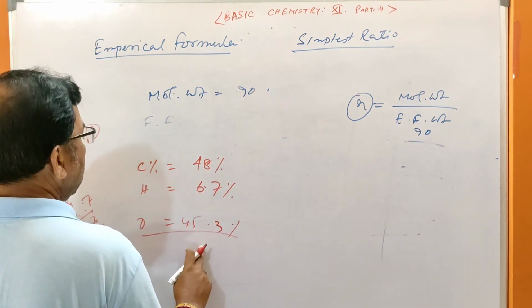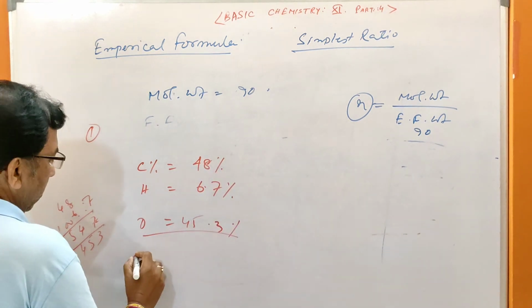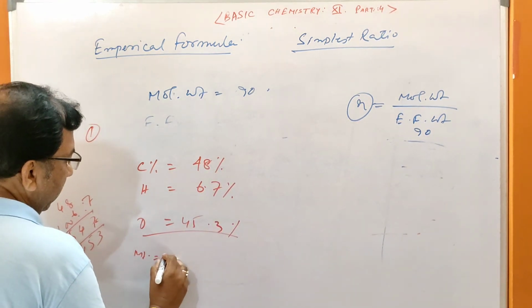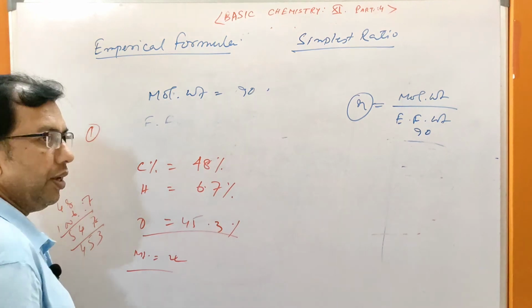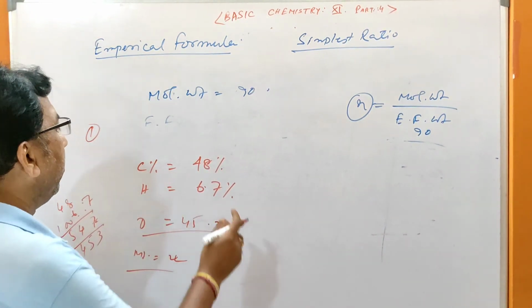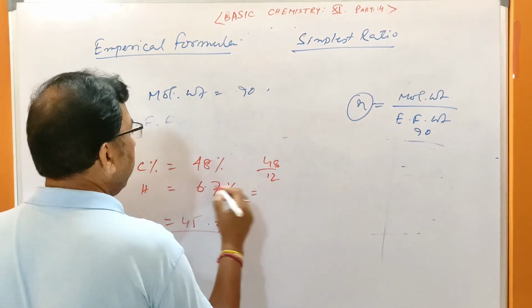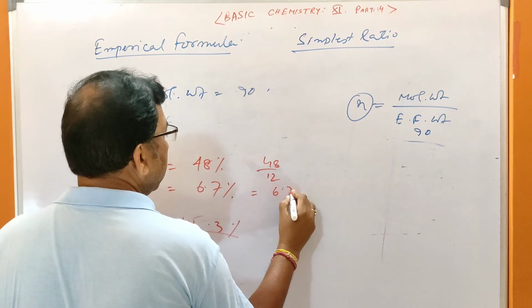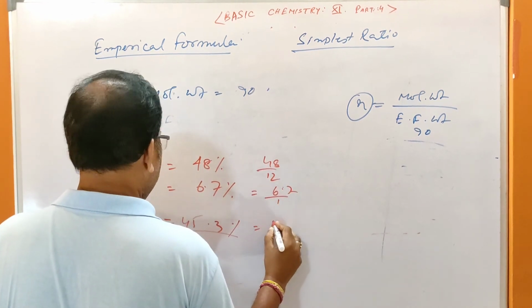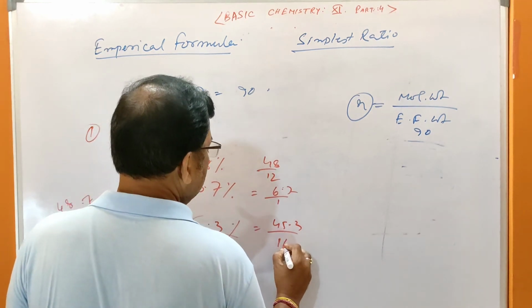Molecular weight will be given. You have to find out the empirical formula or molecular formula. So what are the rules I have given? You have to divide their percentage by their mass: 6.7 by 1 and 45.3 by 16.